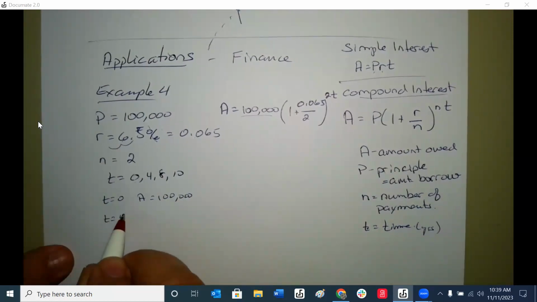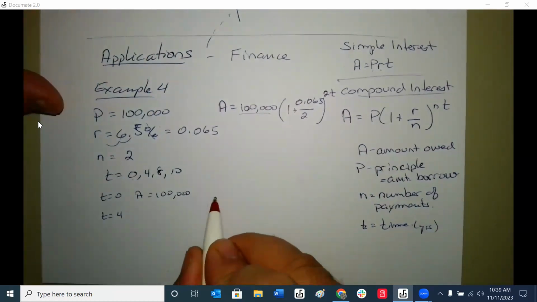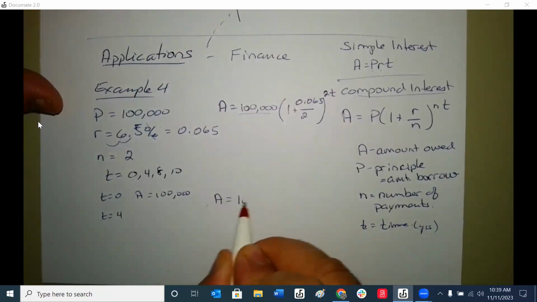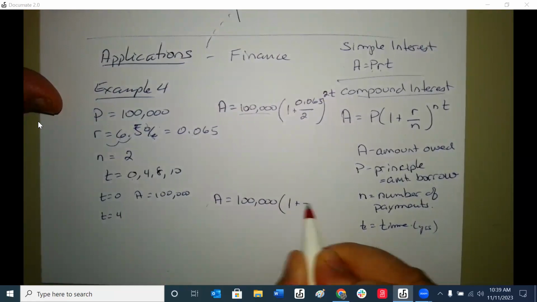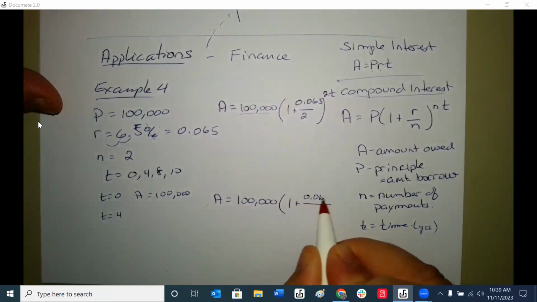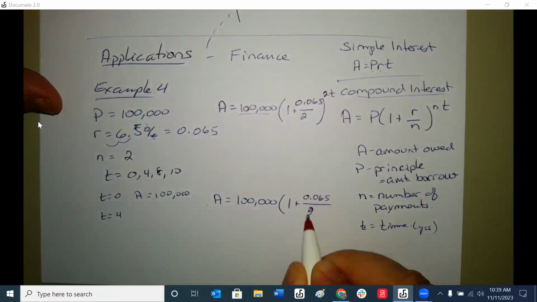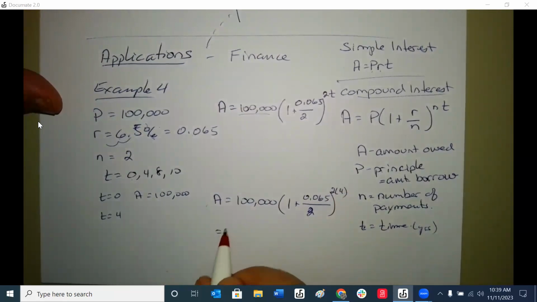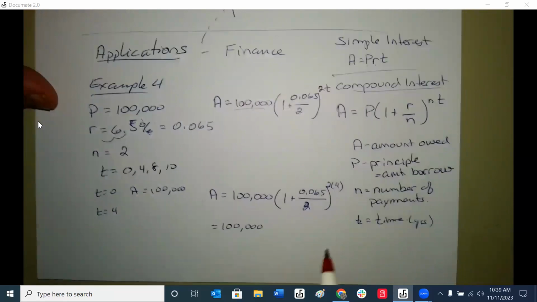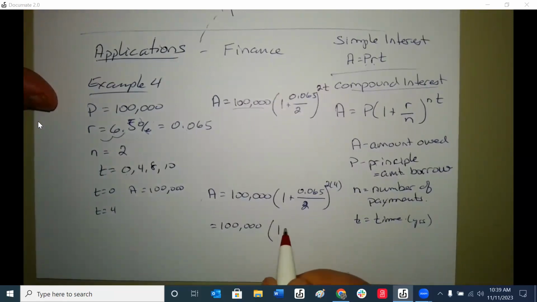At t equals 4, the annuity is 1 plus 0.065 over 2, to the power 2 times 4. Actually, we can make it even simpler.